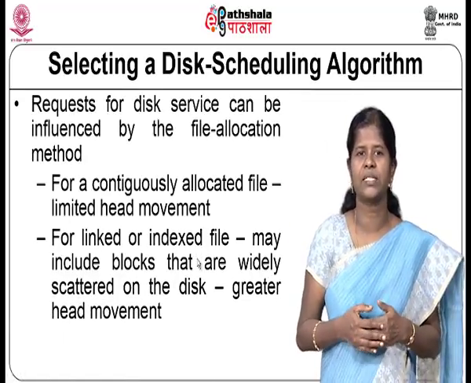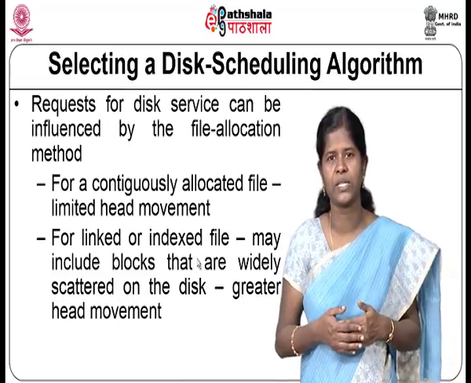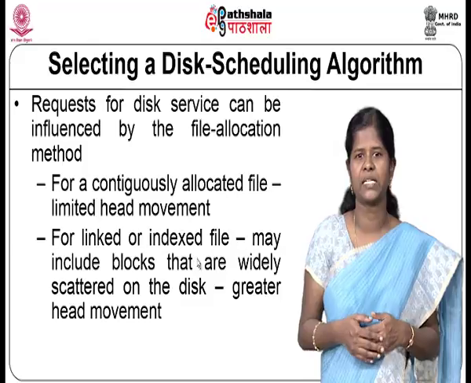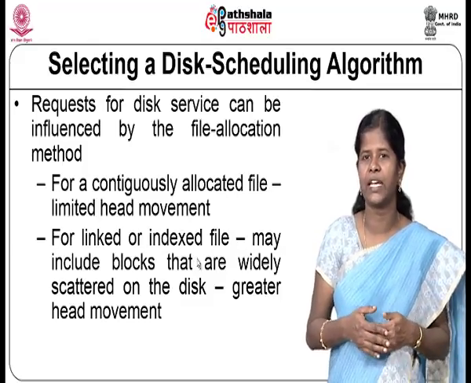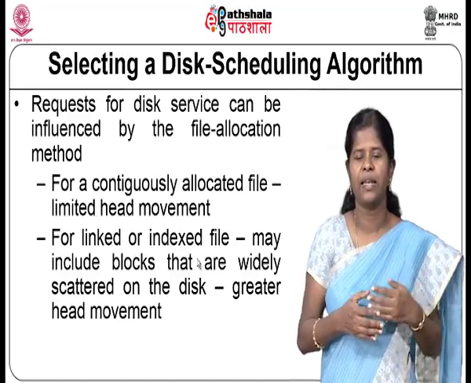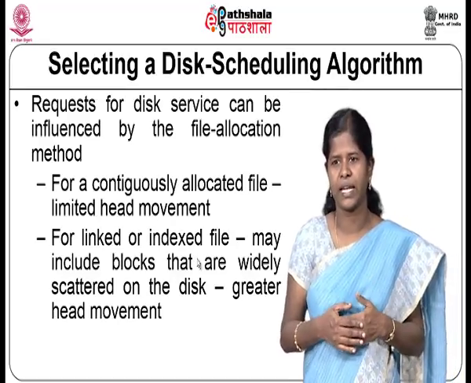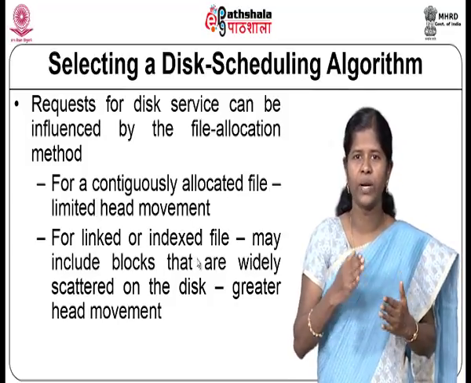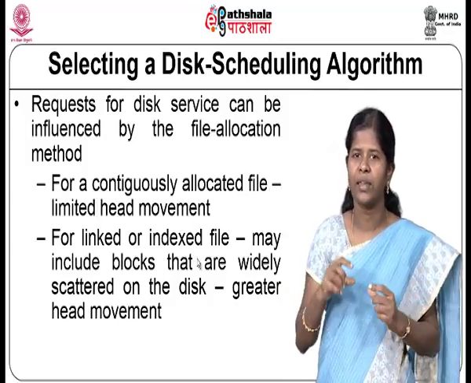And another thing is that the request for disk service can also be influenced by the way in which files are allocated. We saw different file allocation methods in an earlier module, like contiguous allocation, linked allocation or indexed allocation. In contiguous allocation, the file is stored in contiguous disk blocks in the disk.